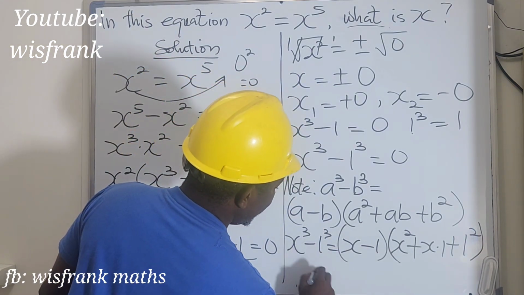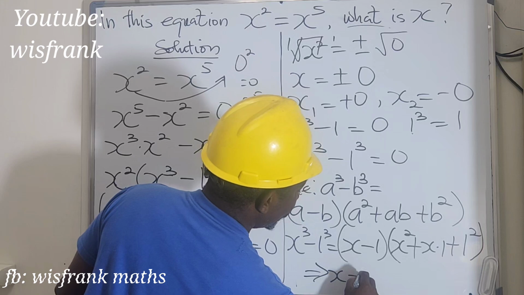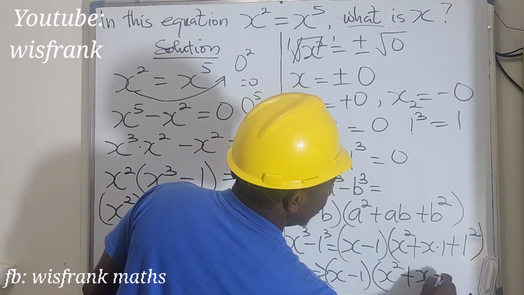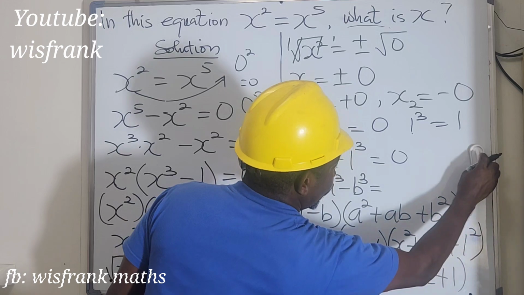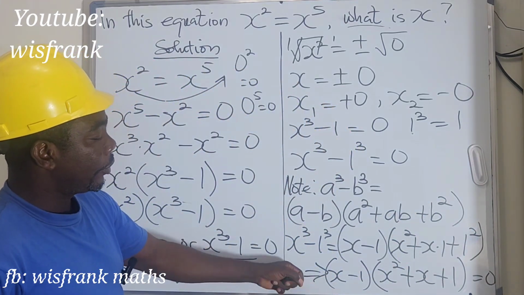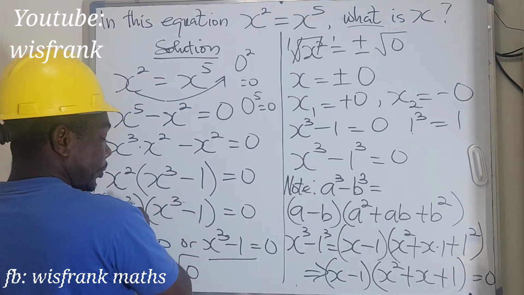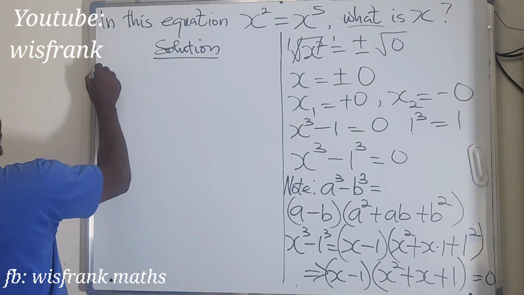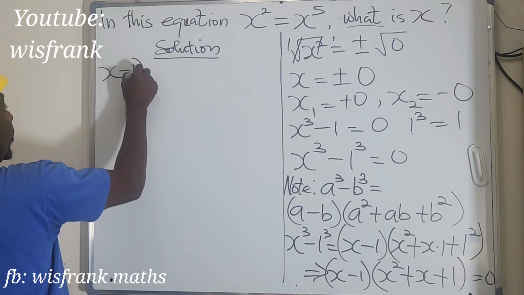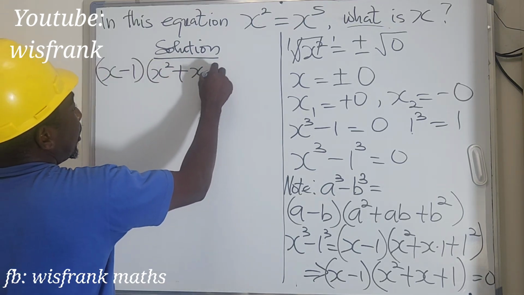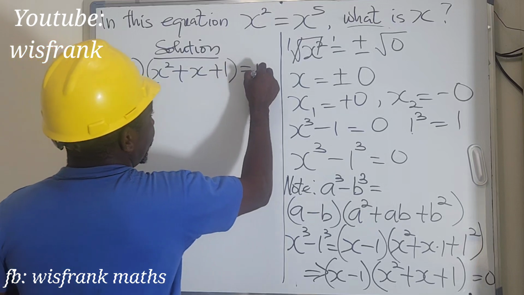This will become x minus 1 into x squared plus x plus 1 equals 0. So this is what we have. So now we can move over to this other side. As you said, we have x minus 1 into x squared plus x plus 1 equals 0.